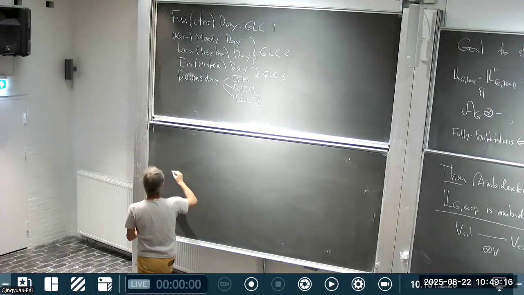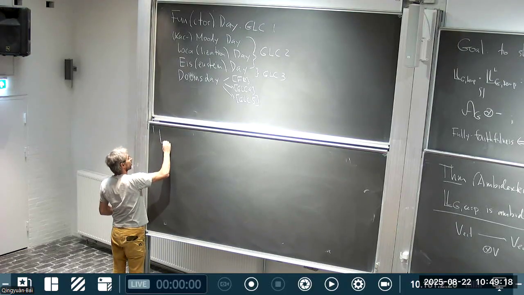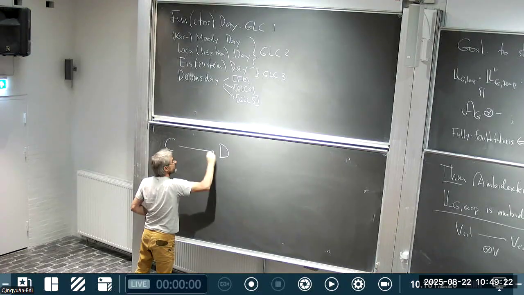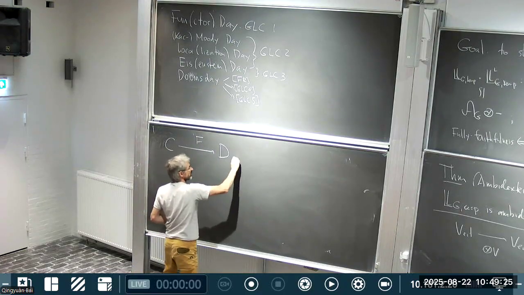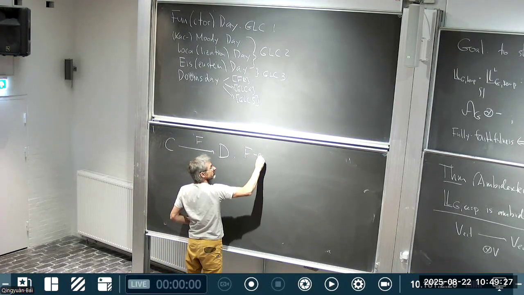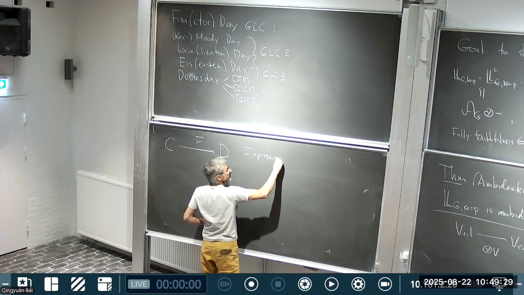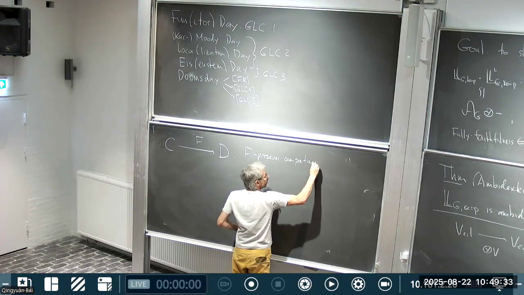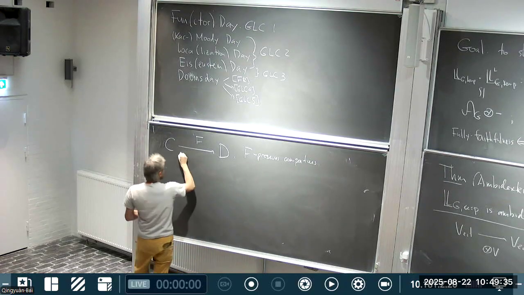So suppose you have a functor F from C to D that preserves compactness. In this case, it remains a right adjoint.